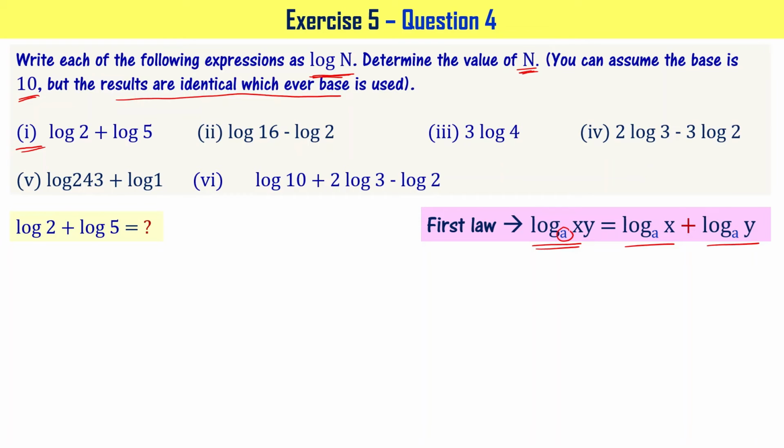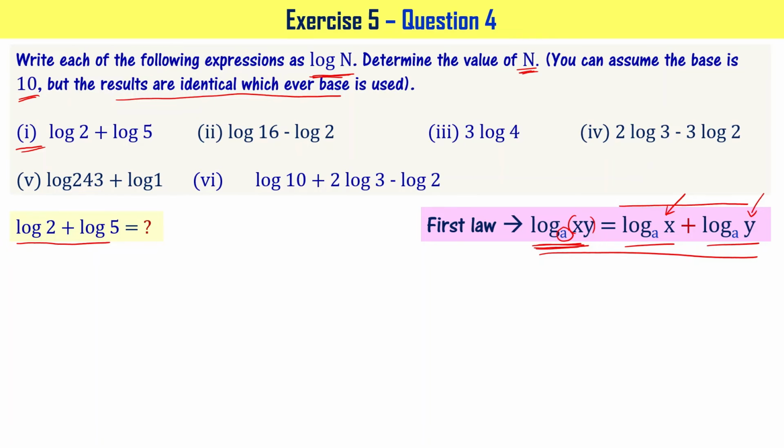Okay. As per this, if you look at this particular expression, what is there on the right side and the expression given here, log 2 plus log 5. When you look at these two and compare, you can say that x equal to 2 and y equal to 5, right? It means I can write this as single logarithm where it is going to be log of xy, right?